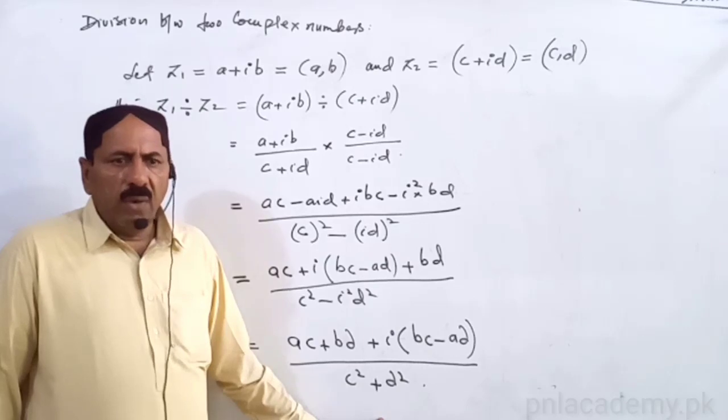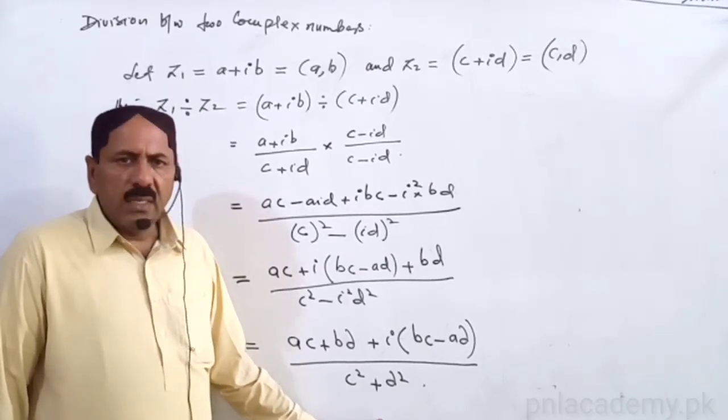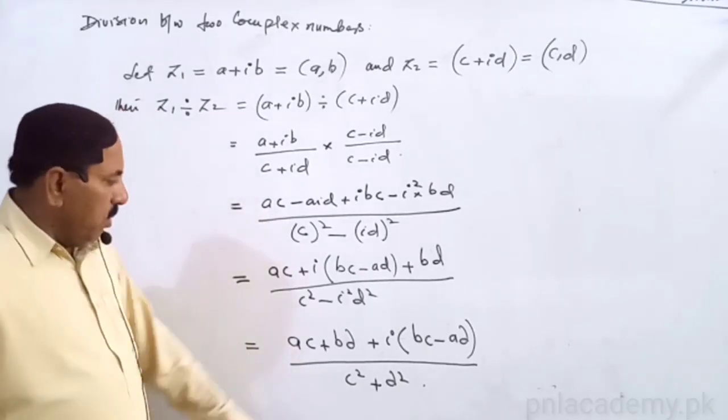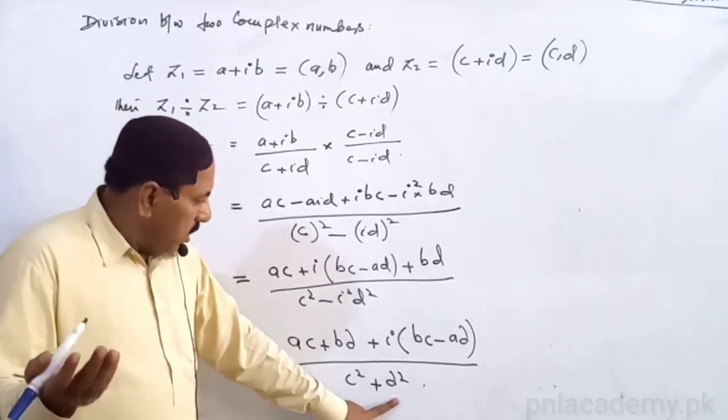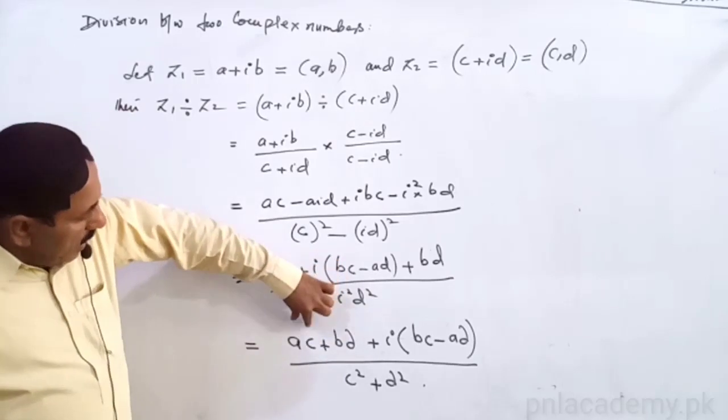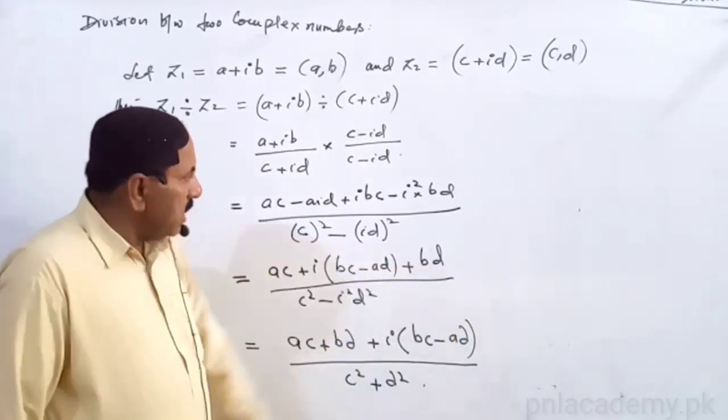Now the divisor is not complex. So C square plus D square is the value that divides AC plus BD and BC minus AD.